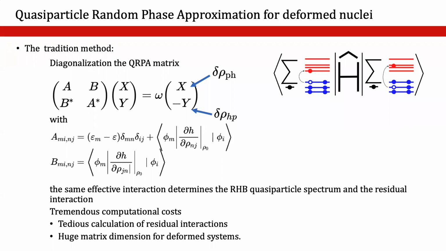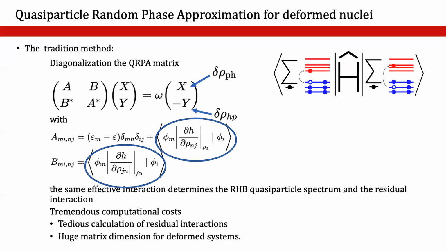The traditional way to solve the problem is diagonalizing the QRPA matrix, where X and Y correspond to the particle-hole transition density and the hole-particle transition density. However, the matrix form of QRPA can be difficult to apply to the deformed system due to its tremendous computation cost. The computation cost comes from two parts.